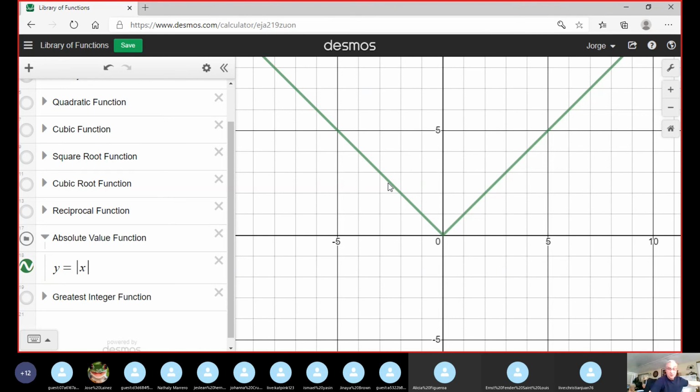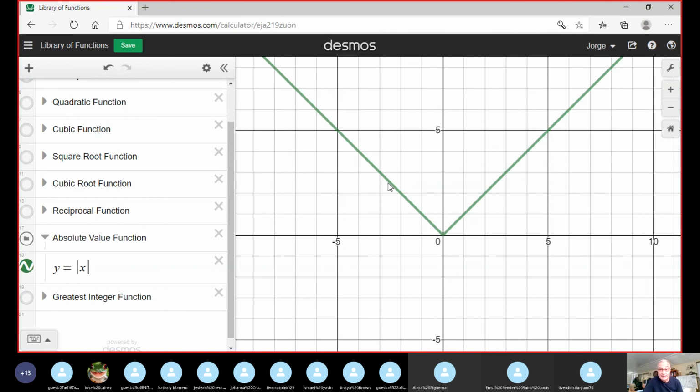Now, in this case, the domain is all real numbers because the absolute value is a function that opens forever in both directions. So the domain, again, is all real numbers.